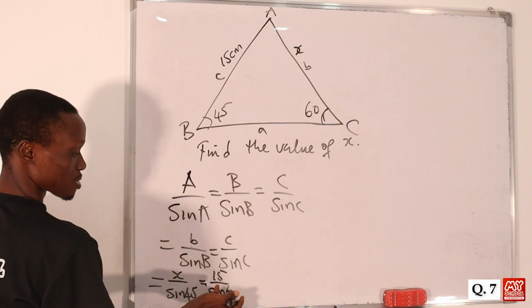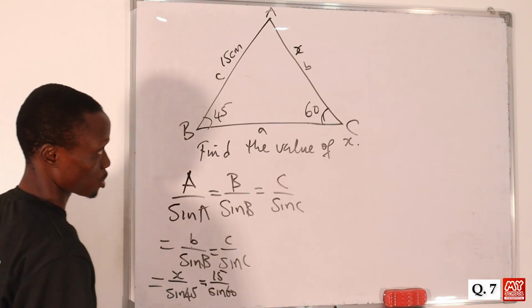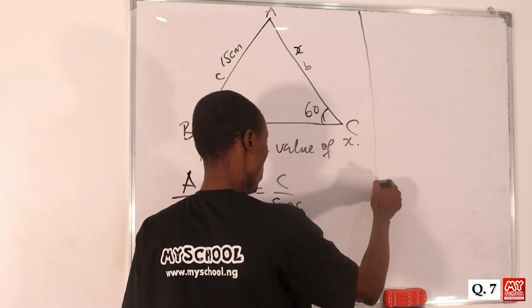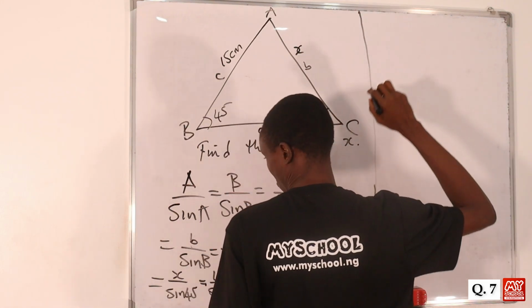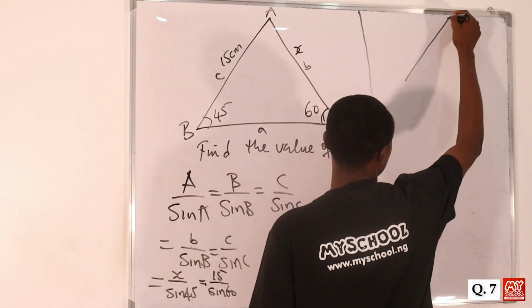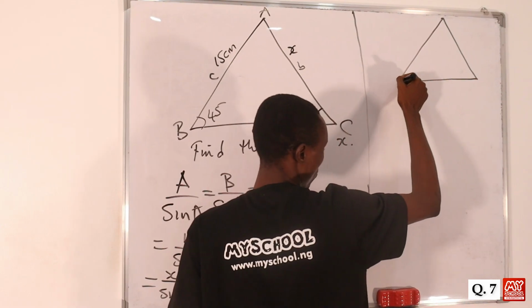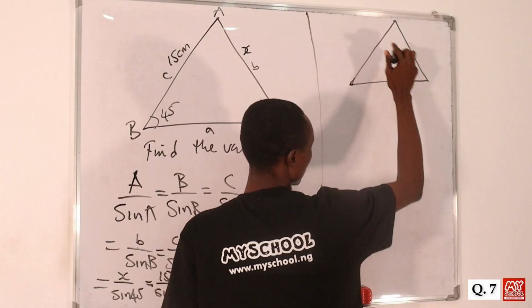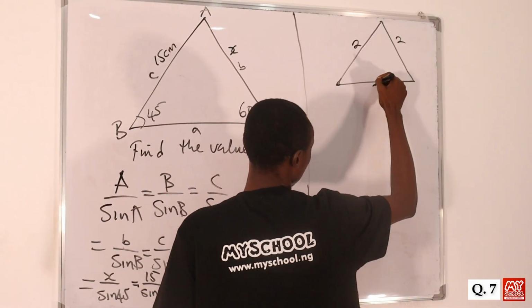Okay, but remember that 60 and 45, they are all special angles. So for those that might have forgotten, let me just refresh your memory a little. So if you want to get these angles, you don't have to bother yourself too much. Just draw an equilateral triangle, that all the sides are equal. So in this case, you assume that all the sides are equal to 2 units. So here is 2, here is 2, here is 2.